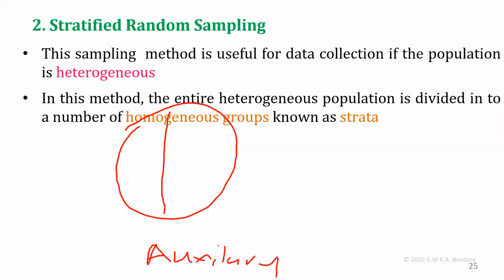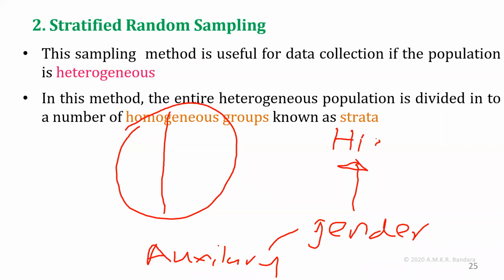In our example, our auxiliary variable is gender. So based on gender, our variable of interest, height, varies. Therefore, what we are doing is separating or dividing our population based on this auxiliary variable.